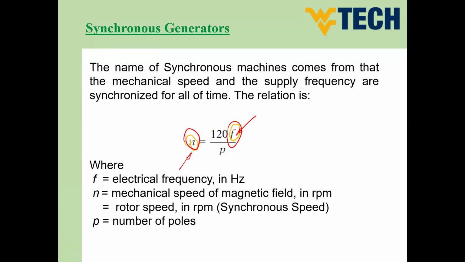Someone can say, you said to us in a DC machine, if we have a motor and you load this motor, it makes sense that the speed will reduce. Yeah, this is correct, but this is in a DC motor. Here in a synchronous motor, the speed will not decrease.